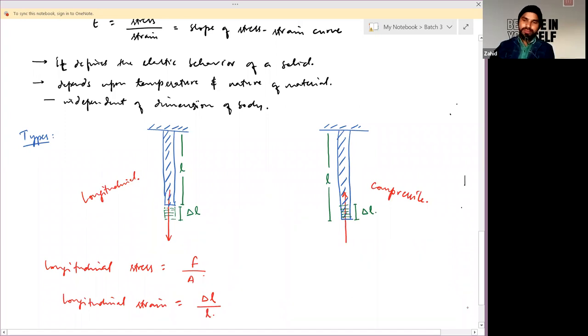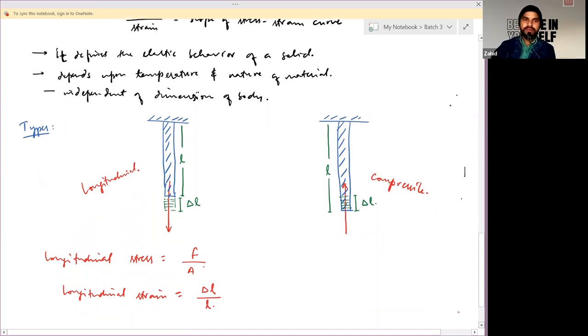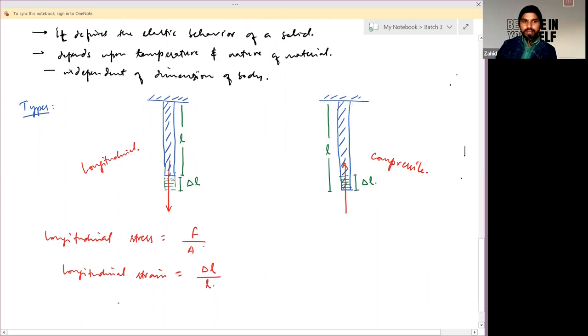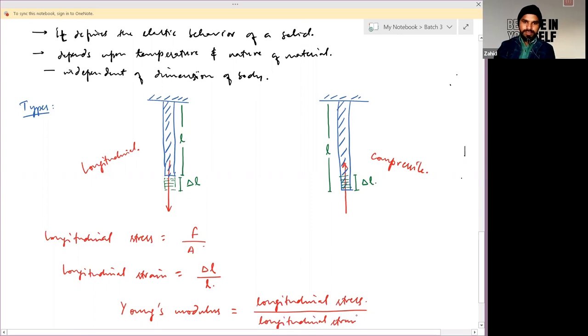Now, if you divide these two terms to get the value of the modulus of elasticity, in this longitudinal case it is called the modulus of elasticity or Young's modulus. So it equals longitudinal stress divided by longitudinal strain.